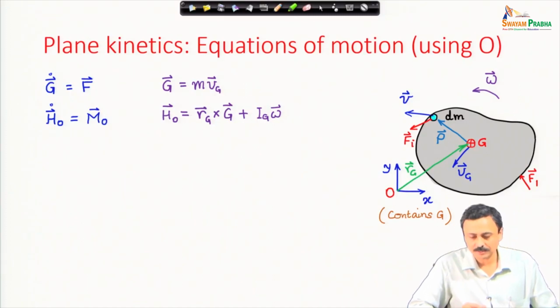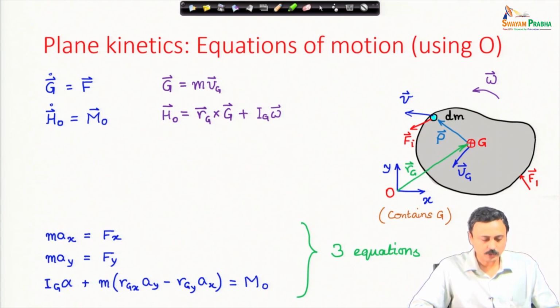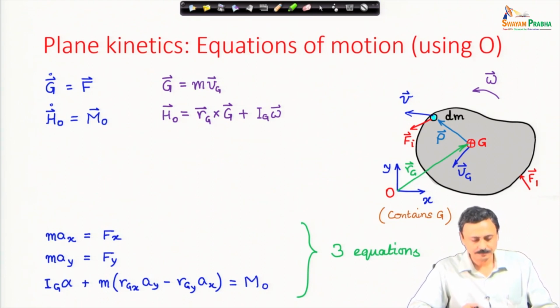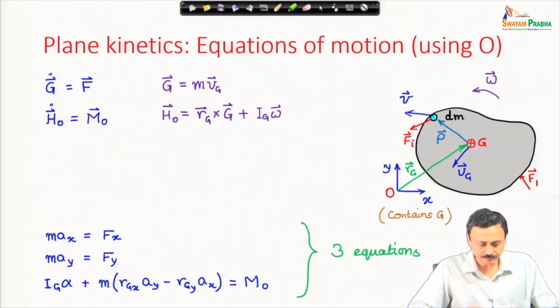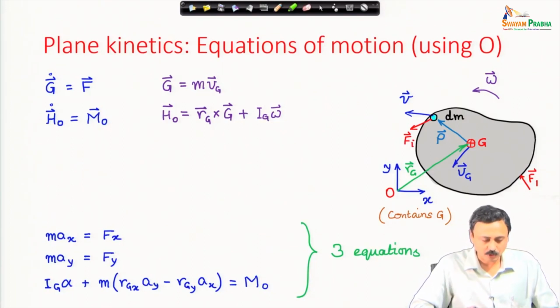We have discussed all these. If you again write the component form, we have two equations for translational dynamics in the plane and one equation for the rotational dynamics. Once again, remember that we are discussing prismatic bodies. There is of course a little more generalization possible, but right now we are restricting ourselves to prismatic bodies. Only then we can express the rotational dynamics equation as a single scalar equation.